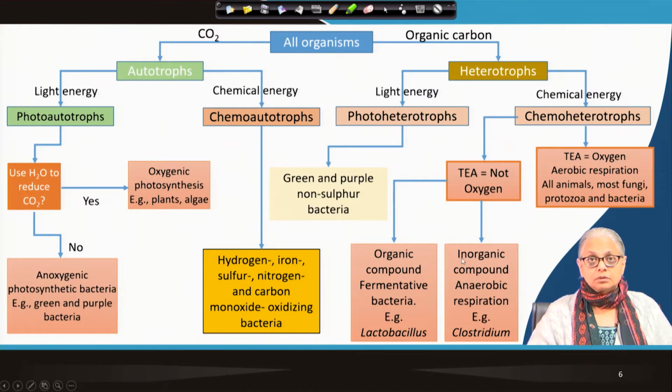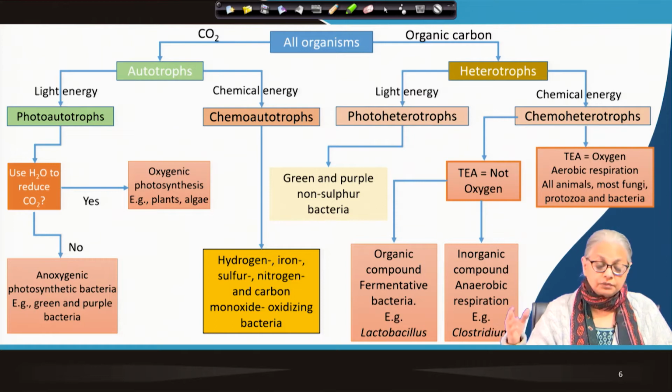This is a rather complicated diagram that goes into all possible microorganisms that exist. In fact, not just microorganisms. I have the higher organisms here as well, but the graphic is dominated by microorganisms because they frankly dominate the biodiversity of the planet. This is all organisms, and like I said, there are two sources of carbon, either CO2 or organic carbon.